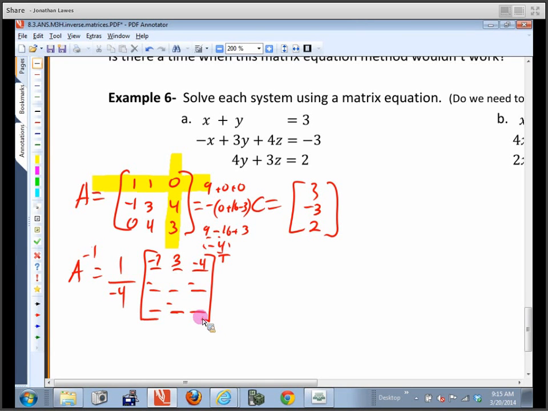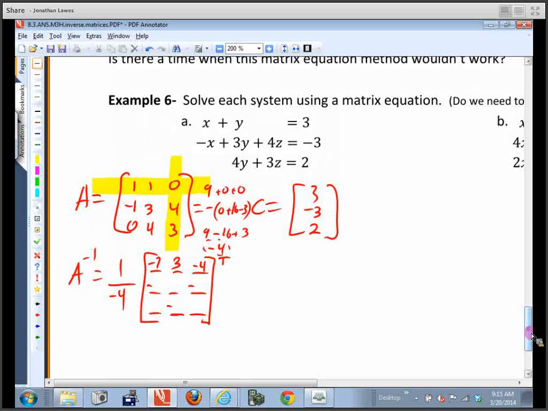No, get them done. Okay, did I get those 3 right? Did I get the second row right?